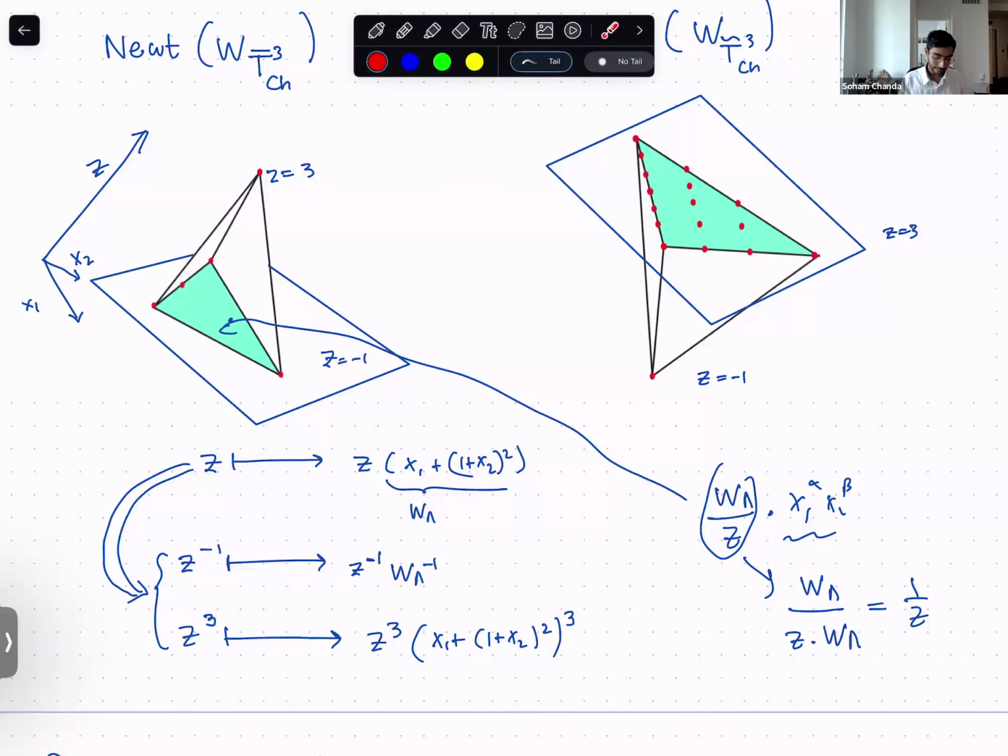You can see that these two polytopes are not the same because just the number of integer points are different, and the number of integer points on each face is an invariant up to change of basis.